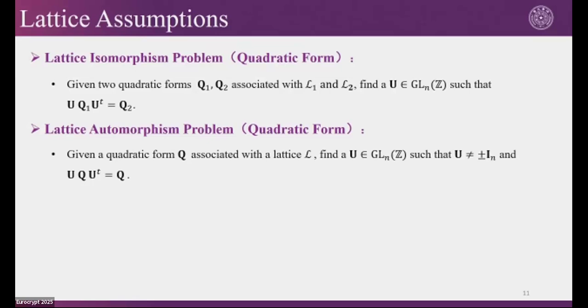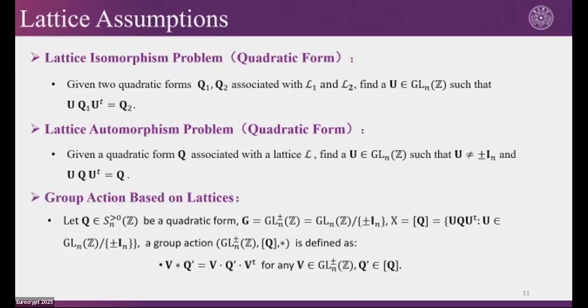And for the lattice automorphism problem, given a quadratic form Q associated with a lattice L, you need to find a unimodular matrix U such that U is non-trivial and U times Q times U transpose equals Q itself.